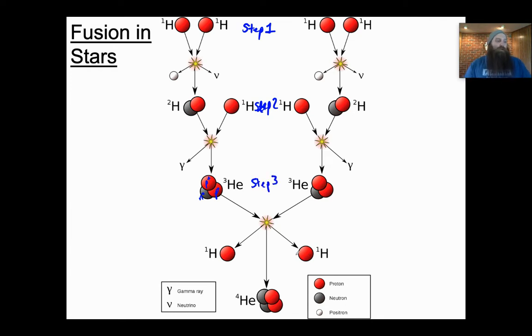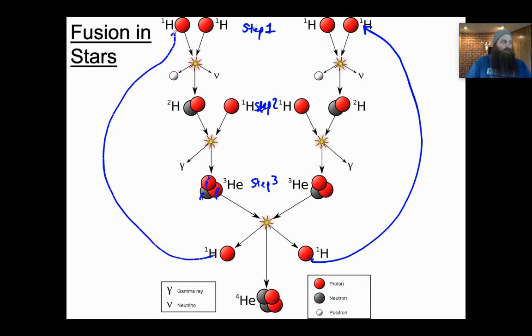They're going to release a hydrogen nuclei, H1, and they are going to be left with a regular helium nucleus. And these two hydrogens go back and are recycled and start the process over and over again.